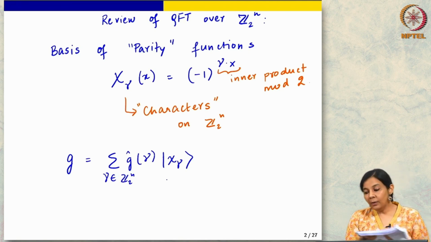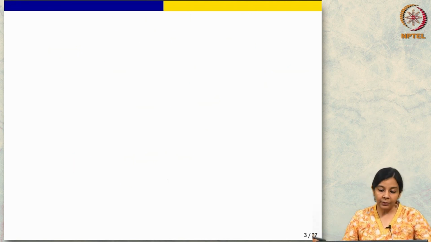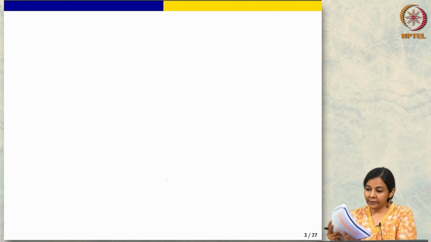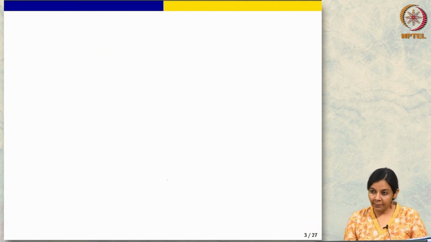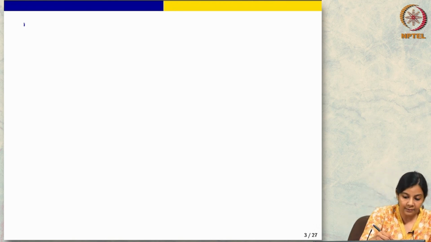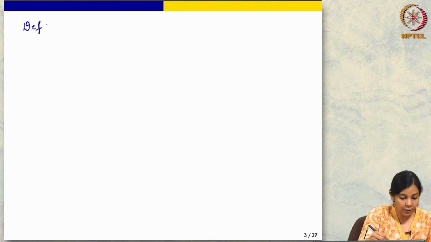And now let us dig a little bit deeper into this notion of characters. We already saw all the properties that make these functions characters. We will just be a little more formal now. So, let us look at a definition.